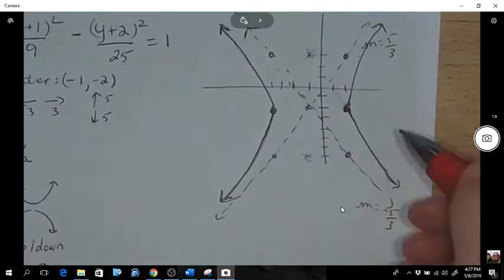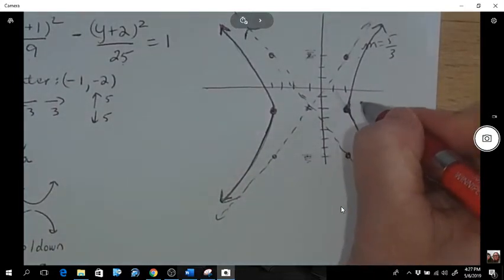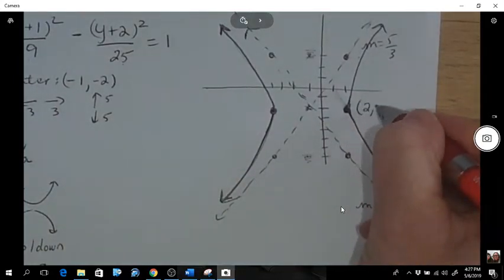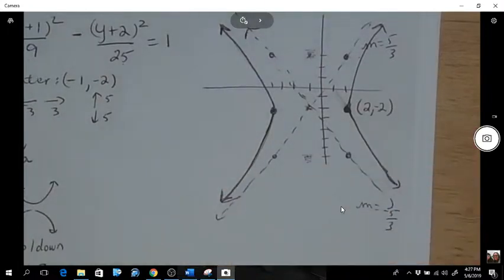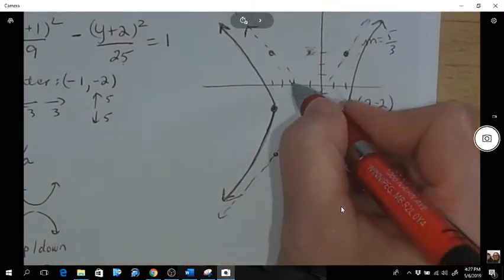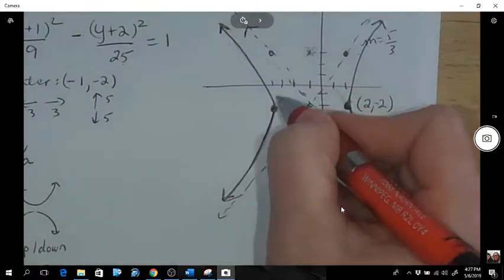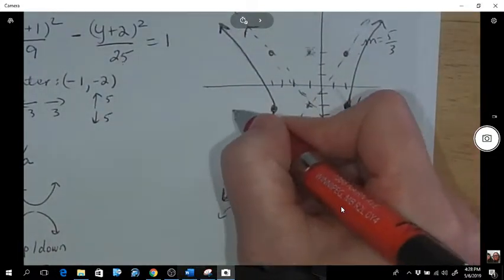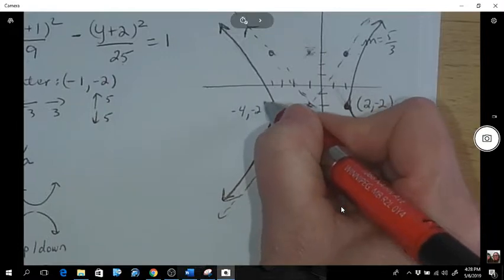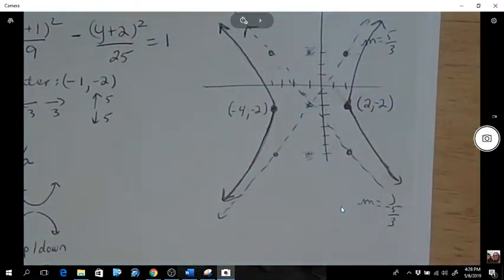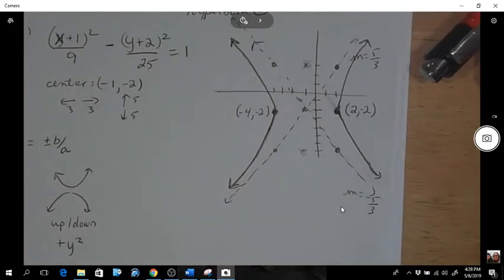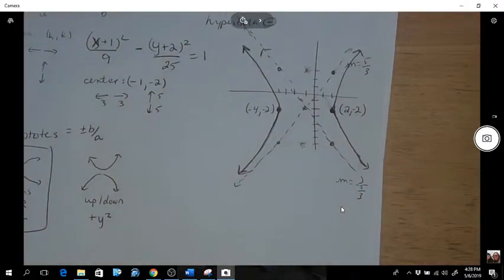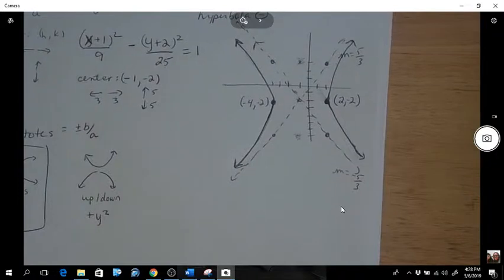If you get asked for your vertices, this one would be 2, -2. And this one would be 1, 2, 3, 4, -4, -2. Okay. If you get asked for your domain and range, you could possibly get asked that.